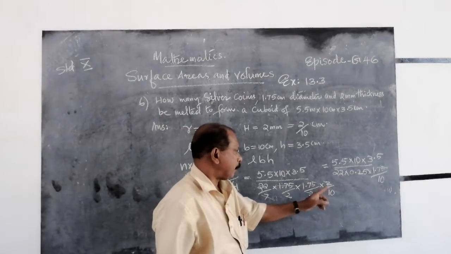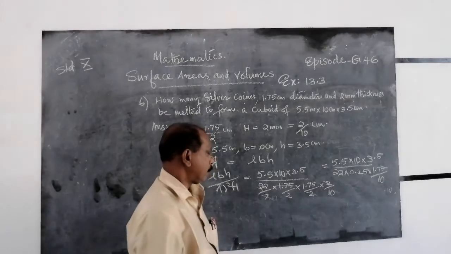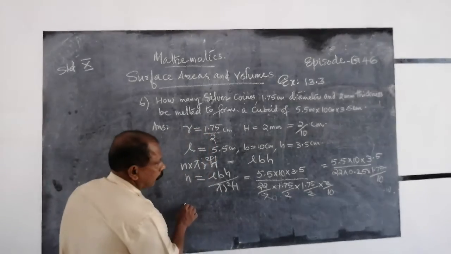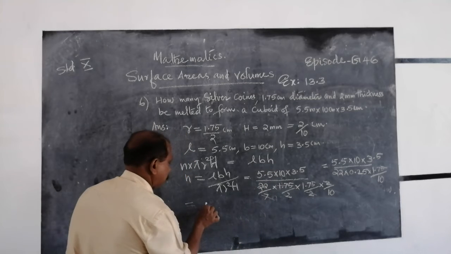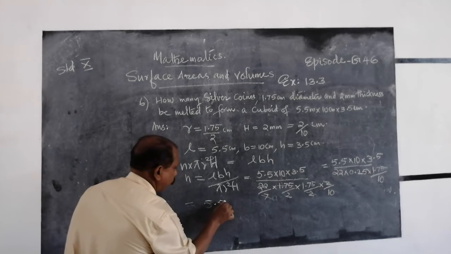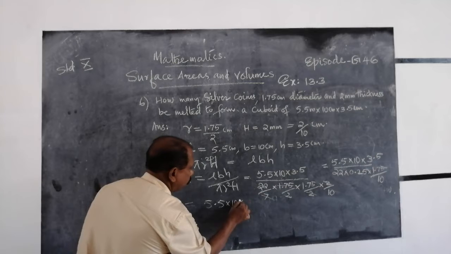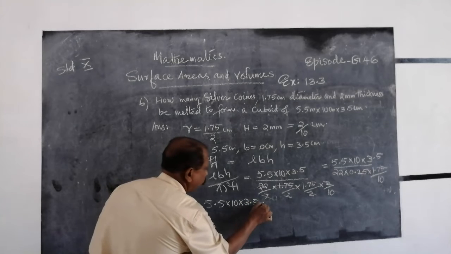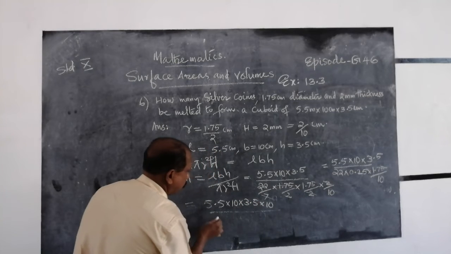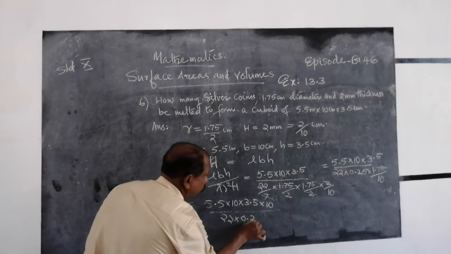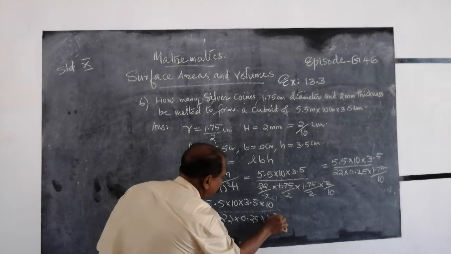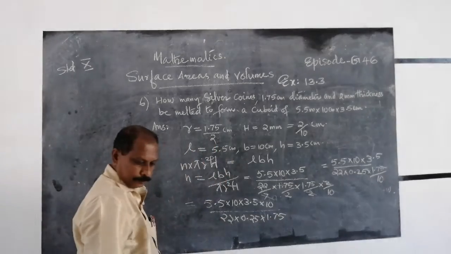Therefore, 1.75 by 5. That is equal to, 10 goes to the numerator. 5.5 into 10 into 3.5 into 10 divided by 22 into 0.25 into 1.7. Clear?